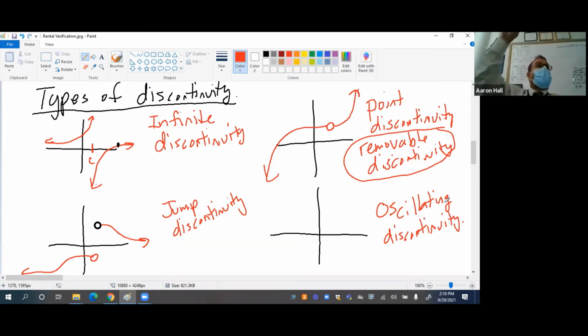Yeah, like a pendulum, like for a grandfather clock, for example. Periodic functions are oscillating too. They go up and down, up and down, up and down. And that's sort of the point of this oscillating discontinuity.